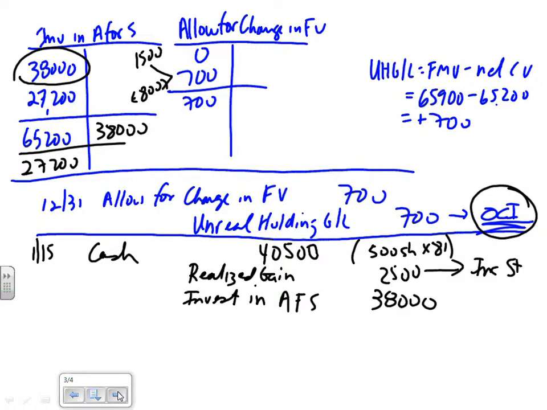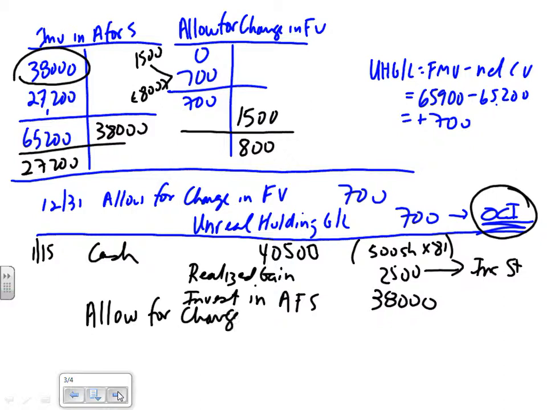And if I looked at that, I'd have $27,200 plus $700. That would overstate the value of the asset. So I have to recognize and take out the unrealized holding gain or loss. So remember, basically what I have to get to is a balance here of $800 credit, which recognizes that loss on Dynamo. And so I need to credit the allowance for change in fair value of available for sale securities.